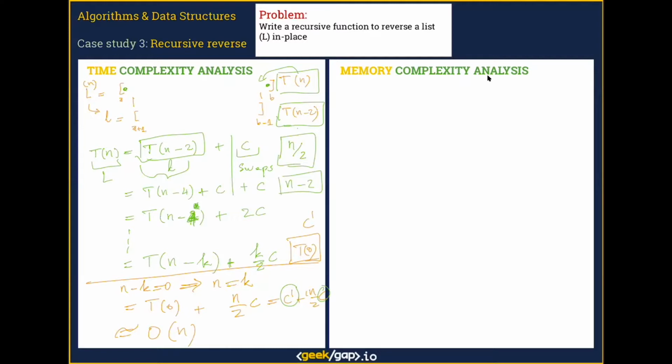And the memory complexity assessment is really, in order to do this, we don't need any auxiliary data structure to keep our data.